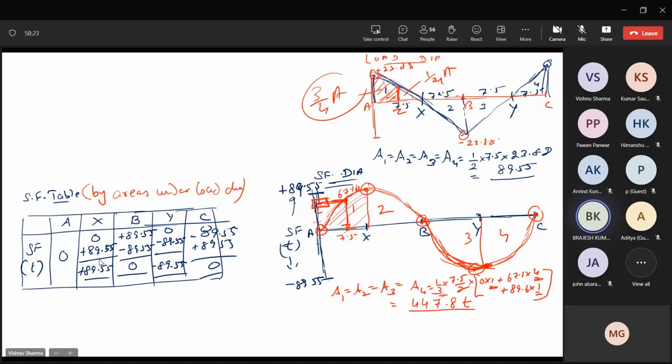Sir, if we take directly from the graph, that is okay. That will be a shortcut, beta. It is okay but it will have a lot of error that will depend on the scale. The way I have drawn it with a very small scale, taking it 89.55, if that small scale represents 90, then you can understand what the least count of your graph will be. I don't think from this small scale you can read anything less than 10.